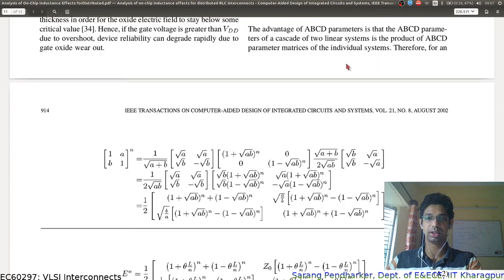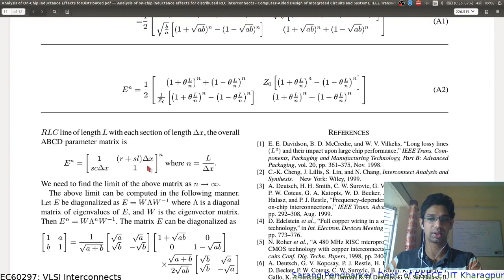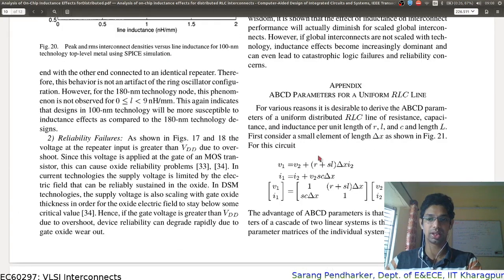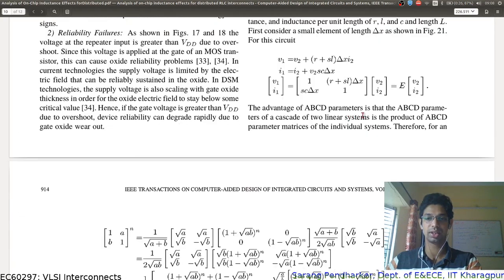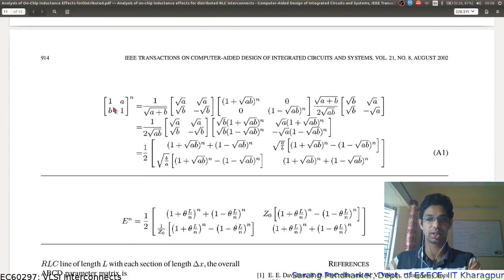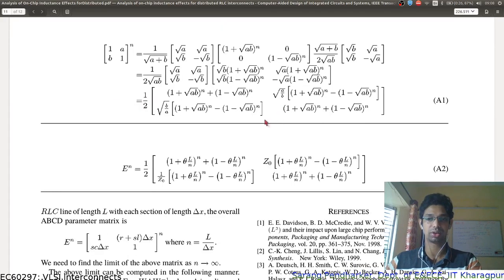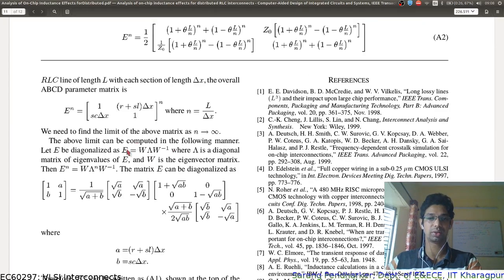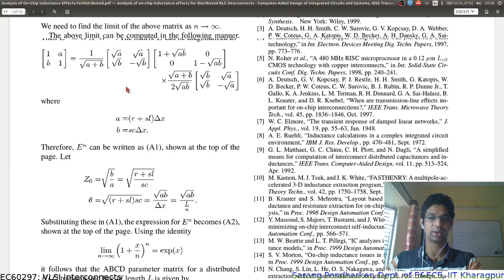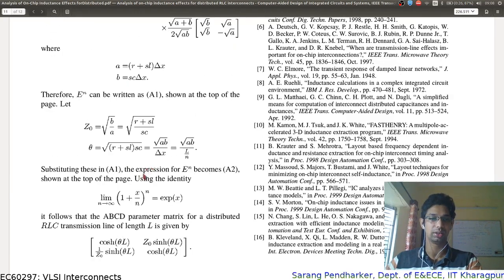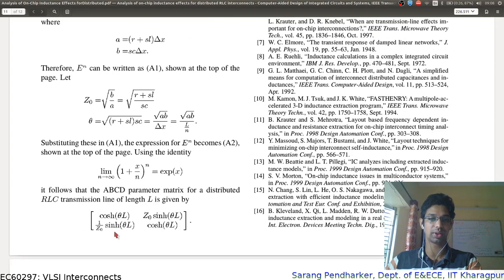Under the limit, you then have the cascading of these elements. They have shown what you would finally get if you cascade these, and then when you apply the limit, when n tends to infinity, you get an exponent. Finally you can show that by this method also you get the same ABCD parameters.